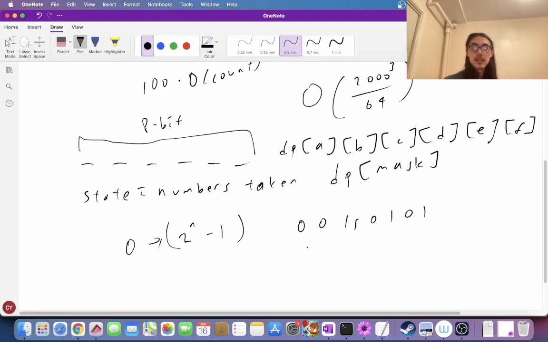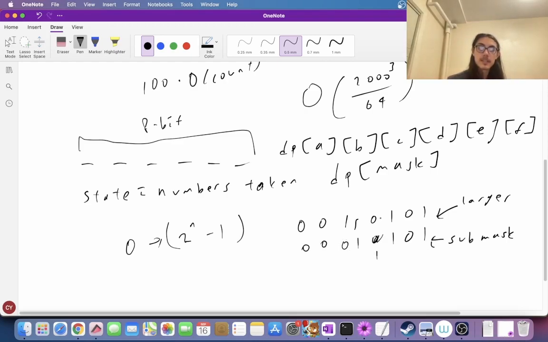A submask of a bitmask is any mask such that all of the bits set in the submask are set in the larger mask as well, and potentially not some of them. But no bit is set in the submask that's not set in the larger mask. So basically the larger mask is like a superset, and the submask is like a subset if you consider the ones as elements.